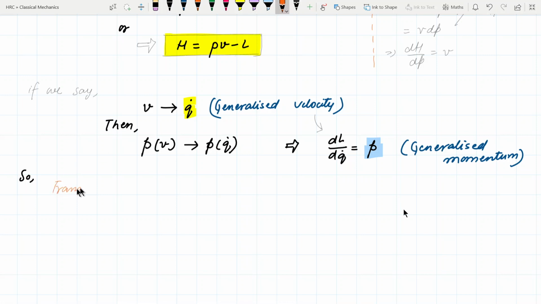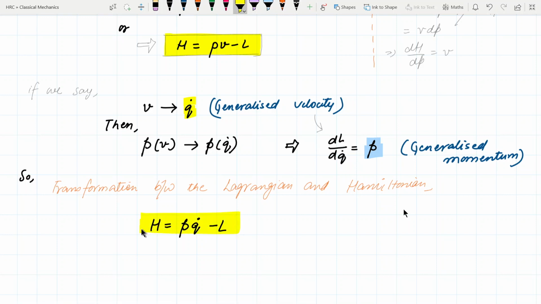So the transformation between the Lagrangian and the Hamiltonian is simply this equation: h is equal to p v, and in place of v I will write q dot, minus L.